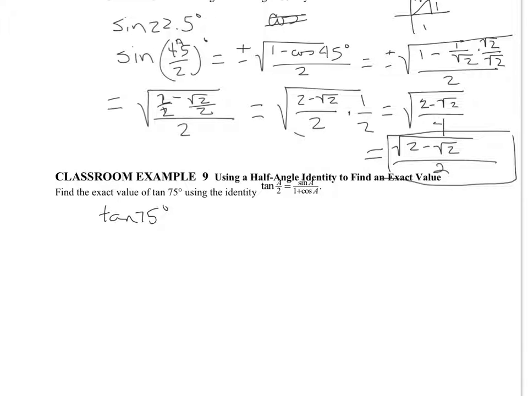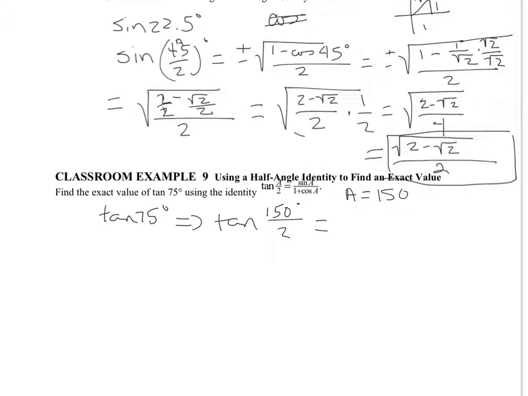Now, that means, what would a have to be so that when it's divided by 2, I get 75? 150. Very good. That's equivalent, isn't it? So that means our a is going to be 150.